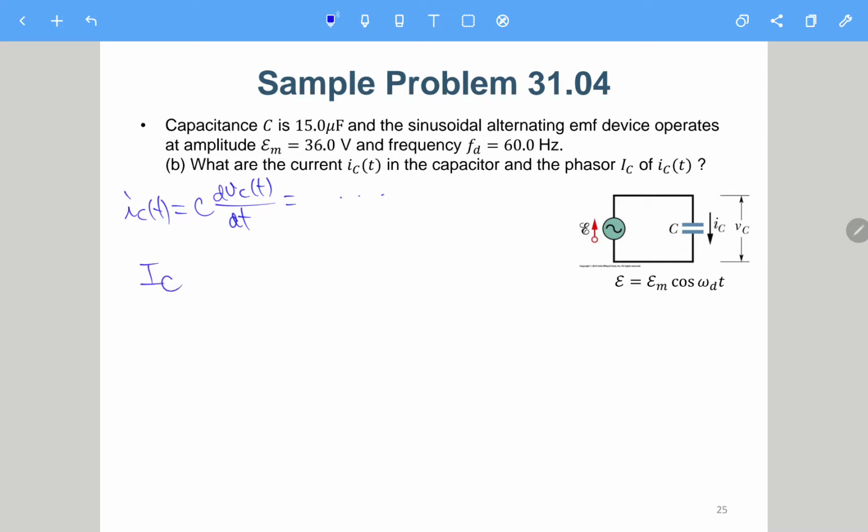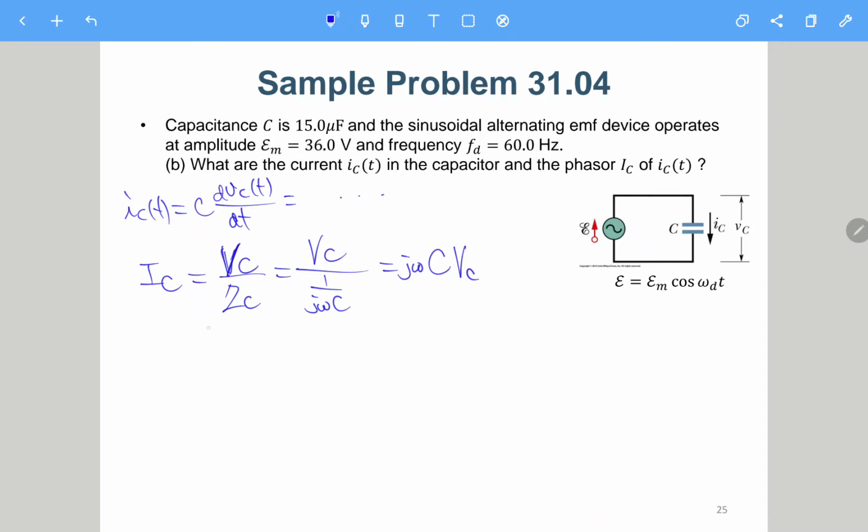I_C is V_C over Z_C, where the capital letters mean the phasor and the impedance, since V equals I Z. Z_C is 1 over j omega C, so it is nothing but j omega C V_C.